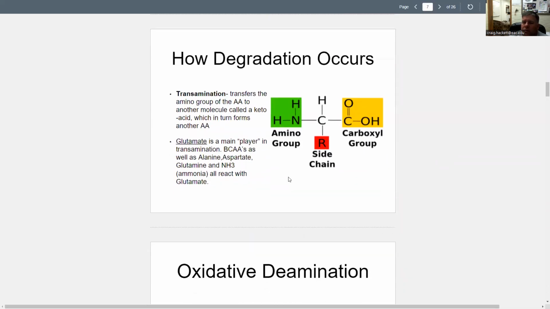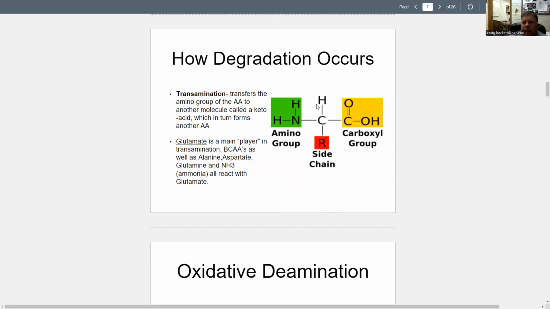Well, one of the ways is through transamination. Simply put, we're breaking carbon chains again. And we use something called glutamate in transamination, and other amino acids like aspartate and glutamine. And it makes something called ammonia, or NH3. Now, if you look at the molecule over here, right? So you have the amino group, and you have two H's and an N. If you break the carbon chain in the middle, then you free up another hydrogen.